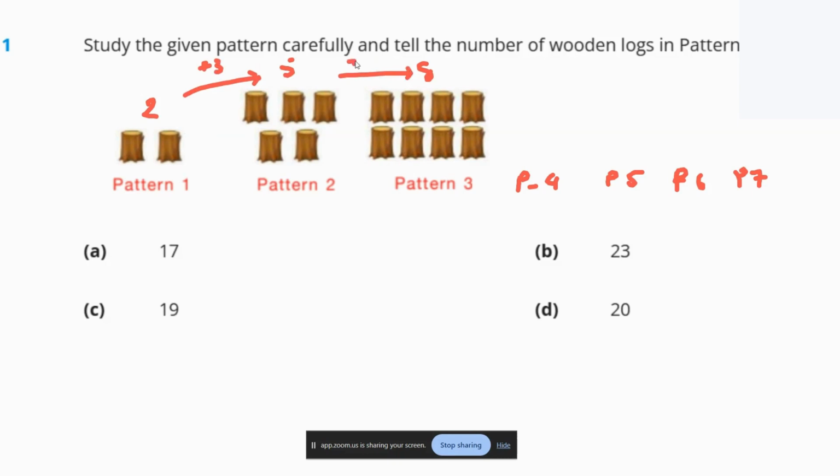So when we move ahead till the 7th pattern, we have to keep adding 3 in each. If you add 3 to 8, you will get 11. If you add 3 to 11, you will get 14.